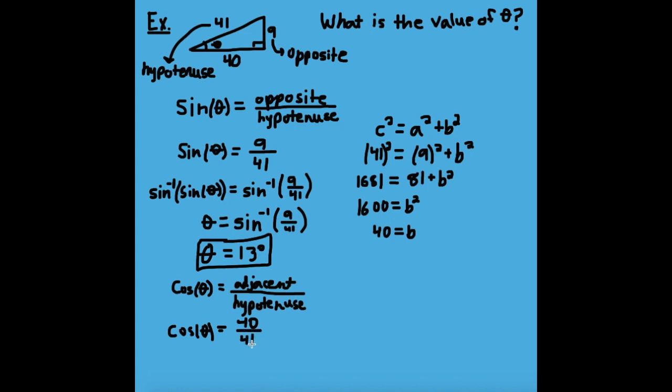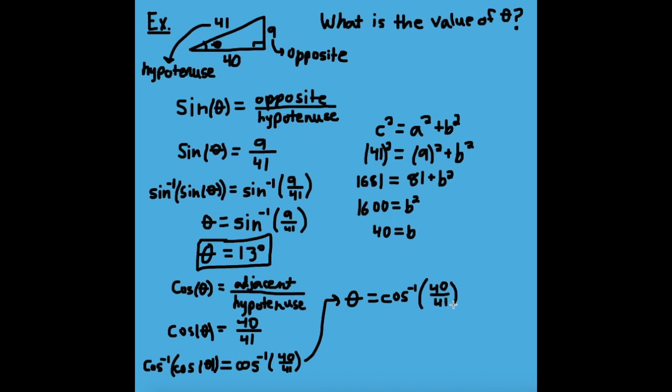Now let's solve for theta. So we take inverse cosine of both sides. We then get theta equals inverse cosine of 40 over 41.